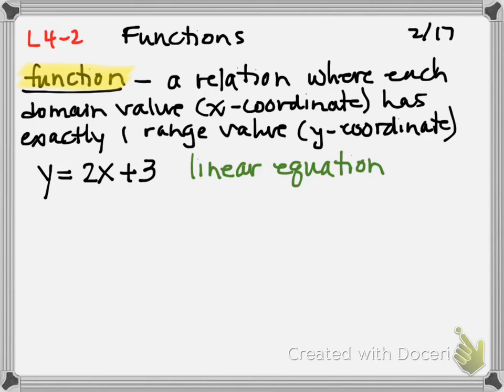Each function has a letter that represents the name of that function. Most functions are represented by the letter f, f for function. Then it tells me what variable my rule is listed at. So the first change, or the only change really, is instead of y, we say f at x.